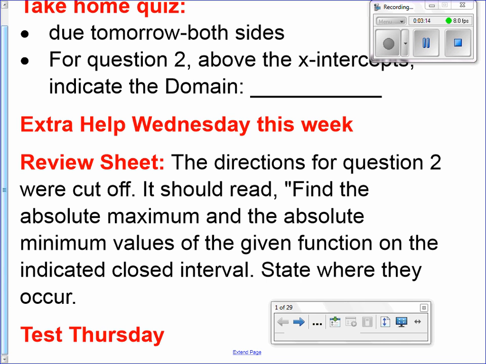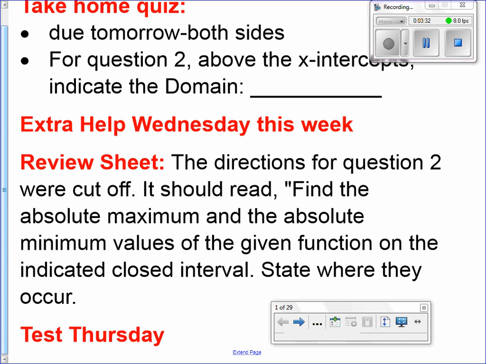So for question 2, for both A and B, it says find the absolute maximum and the absolute minimum values of the given function on the indicated closed interval. State where these values occur.